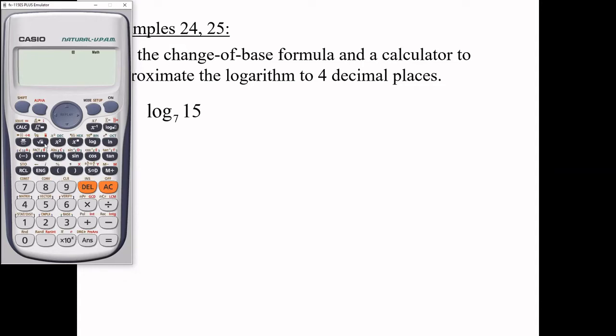So let's try that again. We'll put in the fraction, log of 15, close the parentheses. Now go down, log of 7, close the parentheses, go over, get out of this, equals.